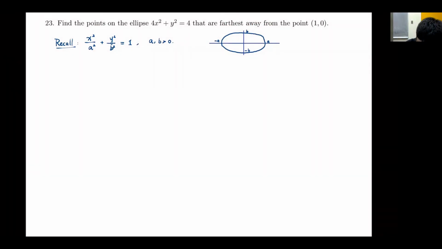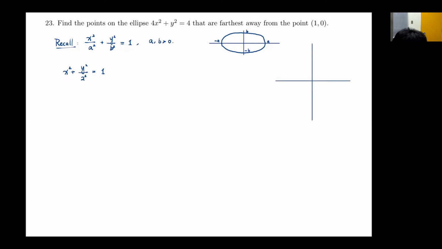Now for the ellipse in the problem statement, in order to make this form, we need to divide everything by 4 so that the right-hand side becomes 1. If you divide everything by 4, what you will get is x squared plus y squared divided by 4, and 4 is precisely 2 squared, and this equals 1. So the graph of this ellipse looks like the following.